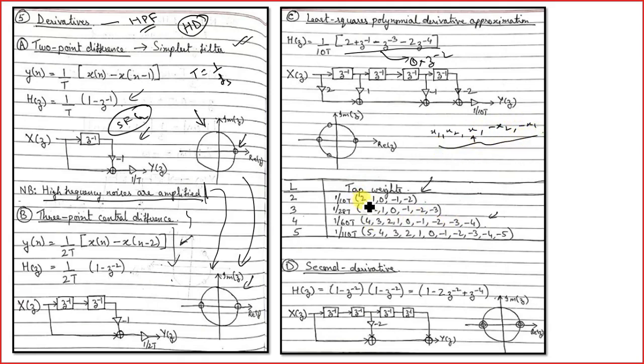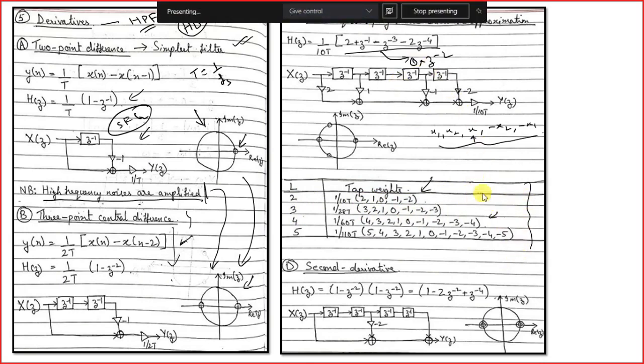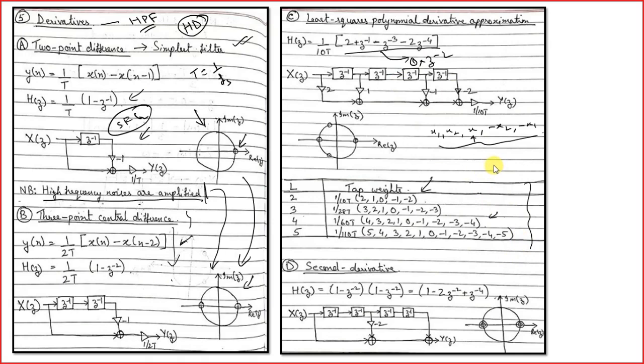So this you have to remember. It is pretty easy to remember, because when L is equal to 2, you start with 2, 1, 0, -1, -2. When L is equal to 3, you start with 3, 2, 1, 0, -1, -2, -3. And in this fashion you get it. So this is the least squares polynomial derivative approximation filter.